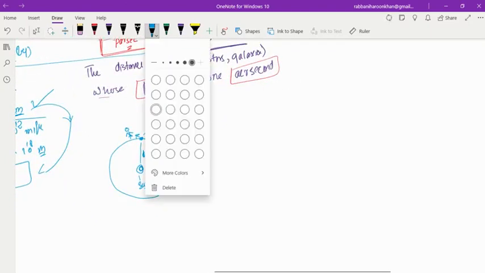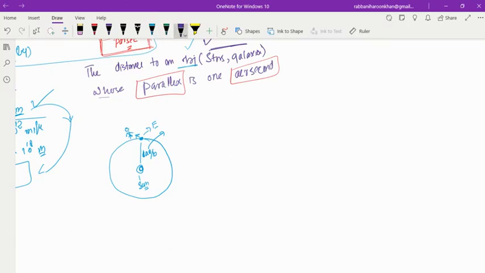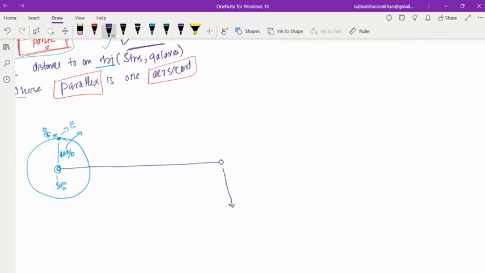So that's why we have to take a reference, like another object, say this is another object, and we name it as some star, like a nearby star, or the Andromeda galaxy, which is the nearest galaxy to our Milky Way galaxy. We know this distance, 1 astronomical unit, but we don't know this distance.